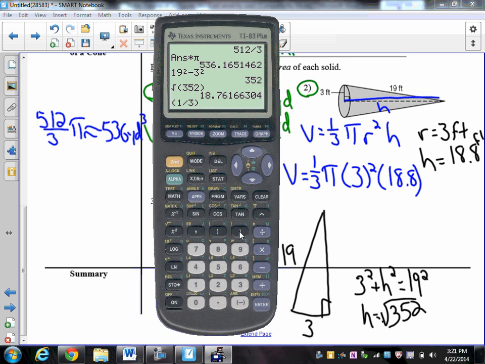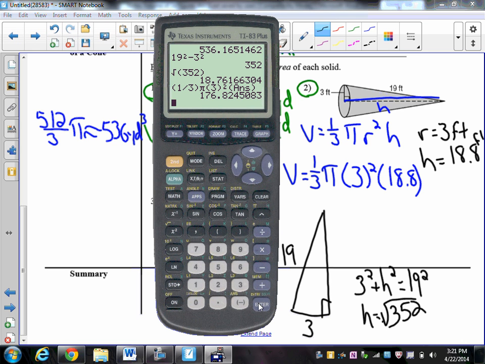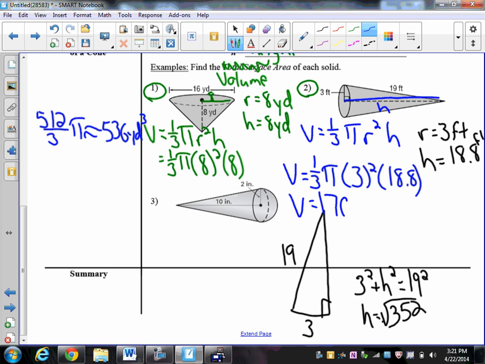So 1/3 pi times 3 squared times 18.8. Actually, what I'll do is I'll hit second answer, because that way I'll get the exact value. And that'll get me a more accurate answer. So it's about 176.8 feet cubed.